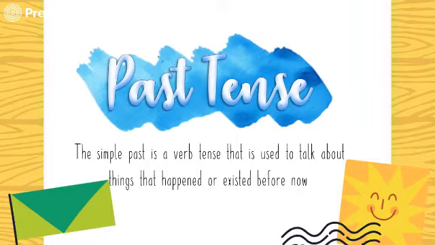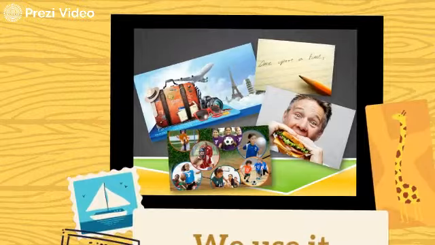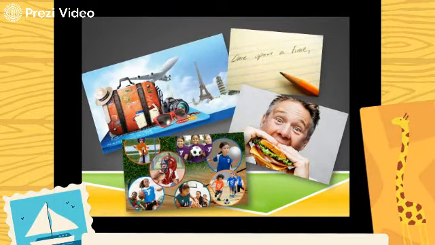Let me give you an example. When we want to tell a story, or describe something that occurred yesterday or a few times ago, we use past tense. We use it for many different things, but one of the most common is when we want to describe traveling, tell a story, write an essay or paperwork, or sometimes in movies, they describe facts in the past.